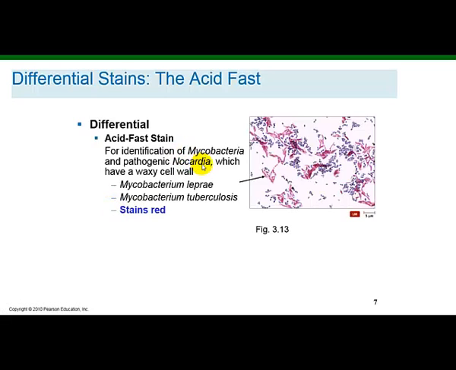The acid-fast bacteria will retain a reddish-pink carbol fuchsin stain because it is much more soluble in the waxy cell wall lipids of these types of bacteria in the acid-alcohol mixture.